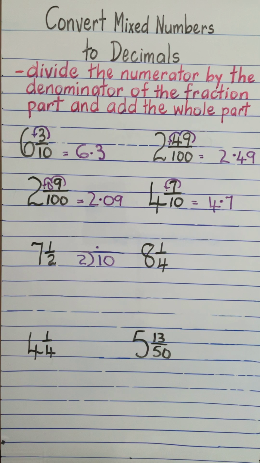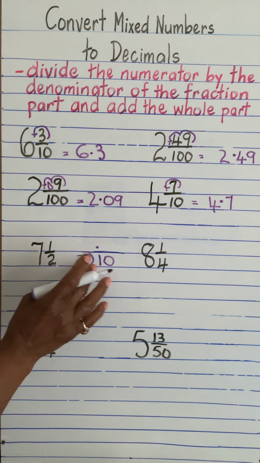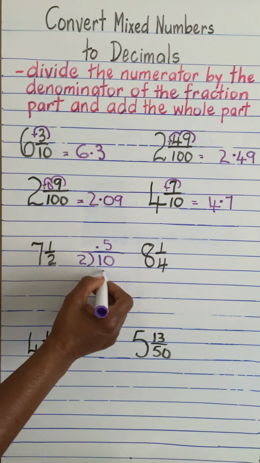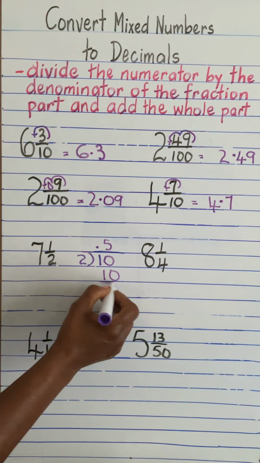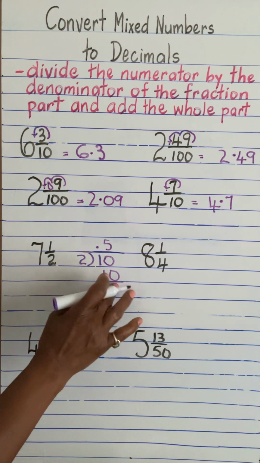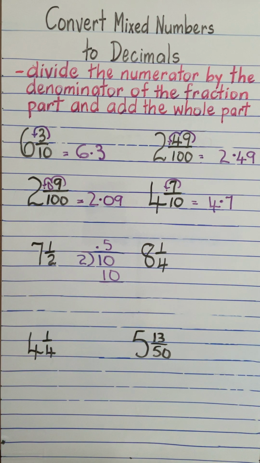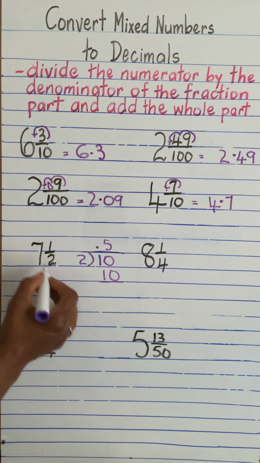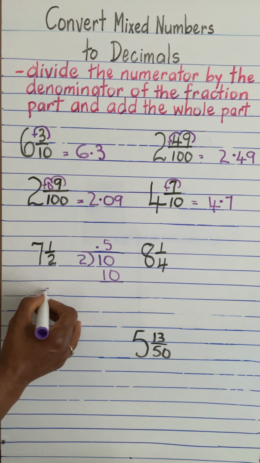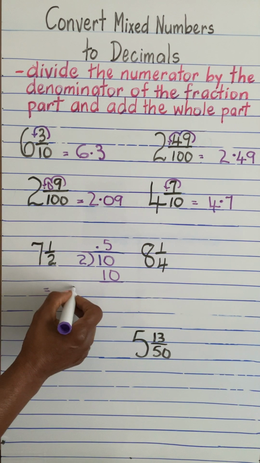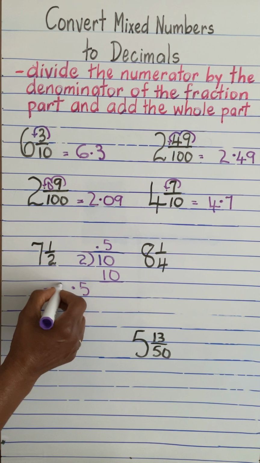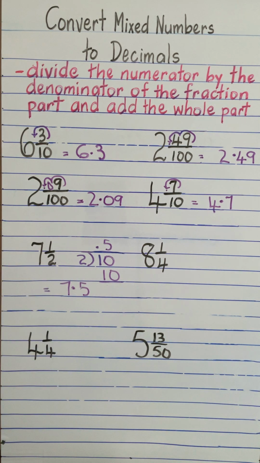How many times can 2 go into 10? 5 times. Multiply, we get 10. Subtract, nothing. So the fraction part, a half, is equal to 0.5. So we add the whole part, which is 7. So 7 and 1/2 is equal to 7.5.